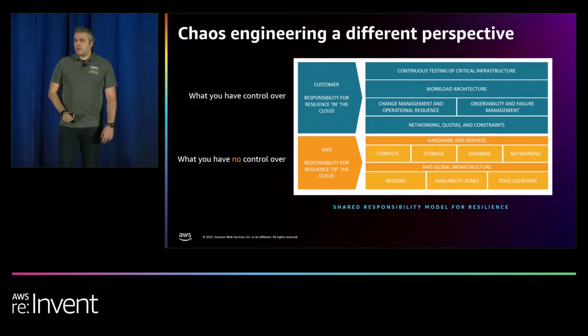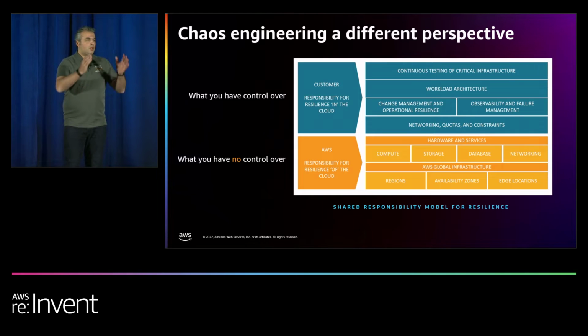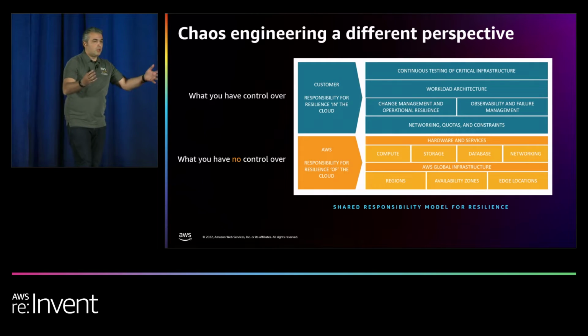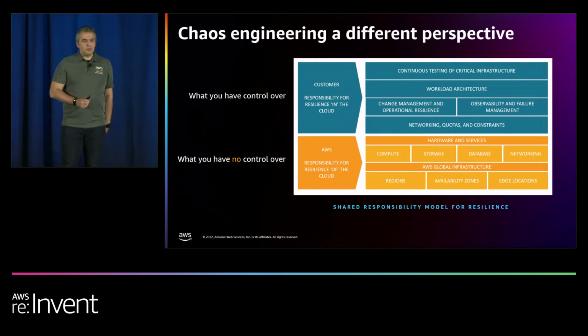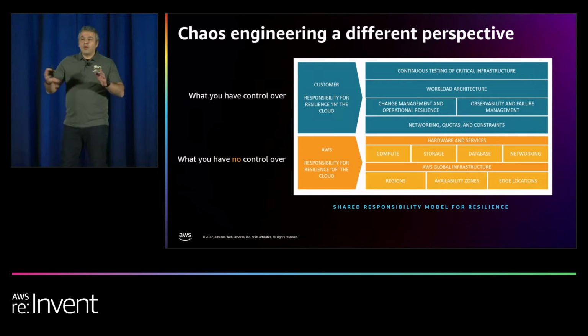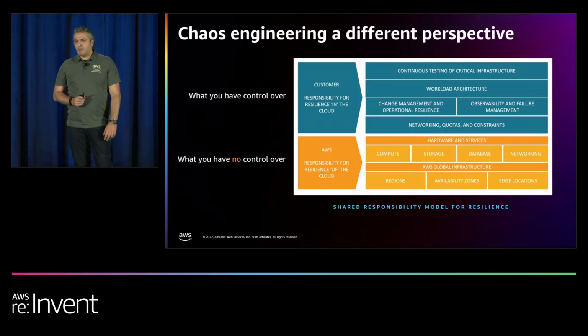But you as a customer, you're responsible for how and what services you use, where you place, for example, your workloads. Think about zonal services like EC2, where you place your data, and how you fail over if something happens within your environment.